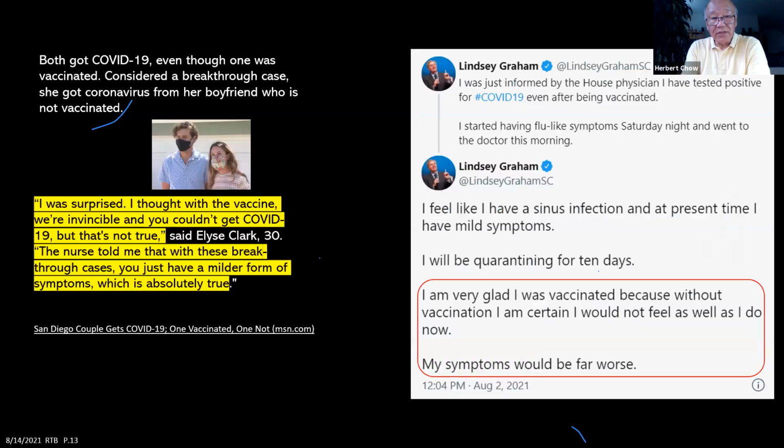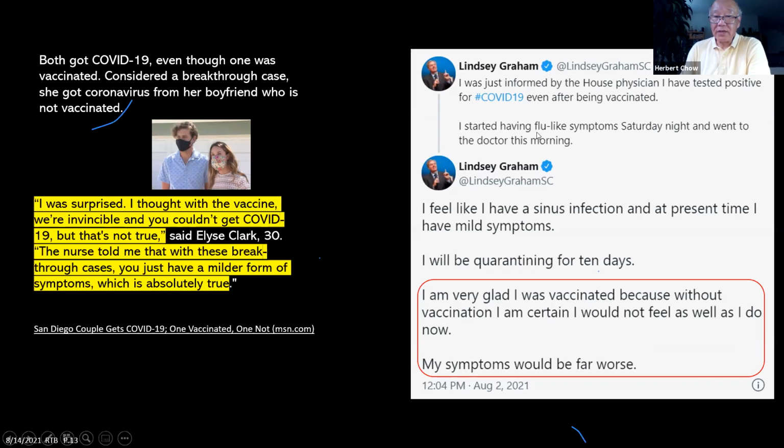Here you hear this in the newspaper all the time. This couple, the girlfriend got vaccinated. The boyfriend came back from a trip unvaccinated and passed on the virus to the girlfriend. Luckily, because she was vaccinated, her infection was mild, and she was okay.